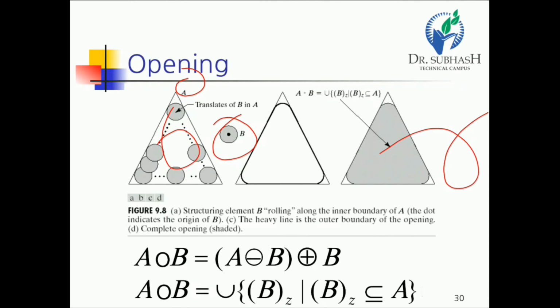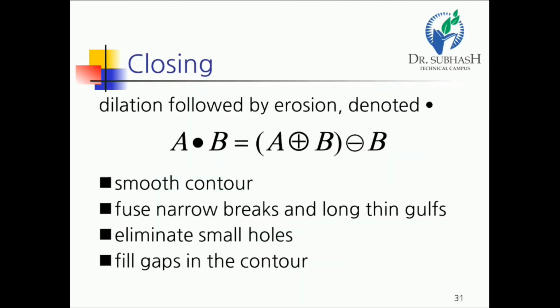So A opening B equals A erosion B, and the resultant is then dilated with B. This is the function of opening.